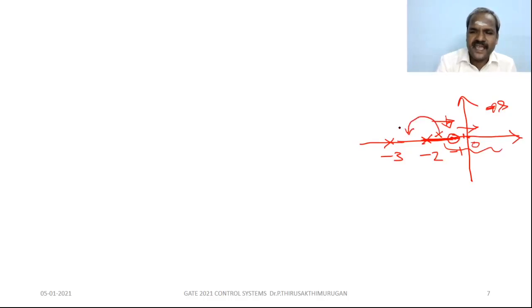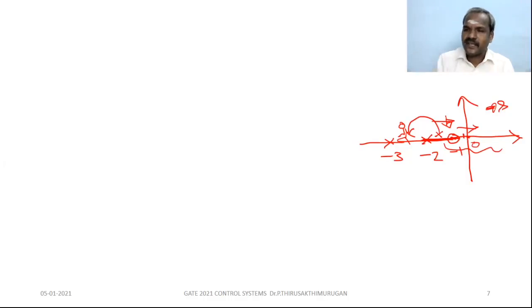Now stand here and look to the right side on the real axis. How many total poles and zeros? Total poles and zeros are 2. If there are no poles and zeros on the right side, there is no branch.